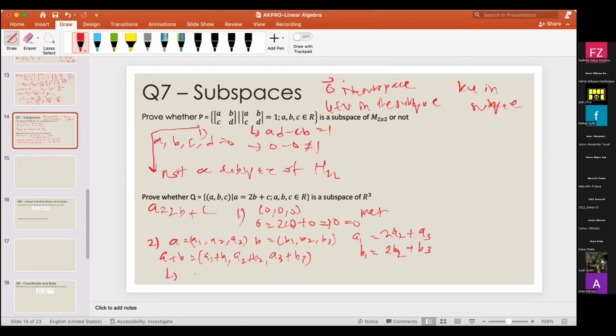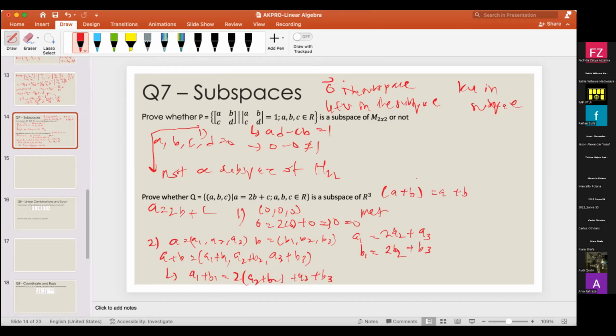And if we were to input this, it will be A1 plus B1 equals 2 times A2 plus B2, plus A3 plus B3. And we have to prove that A plus B satisfies the equation, right?